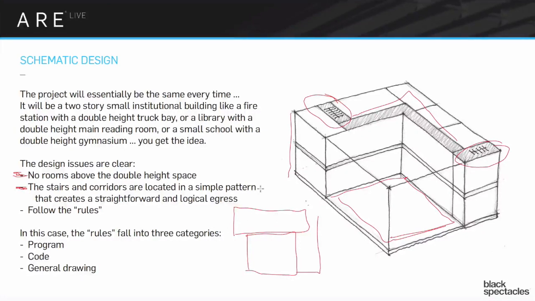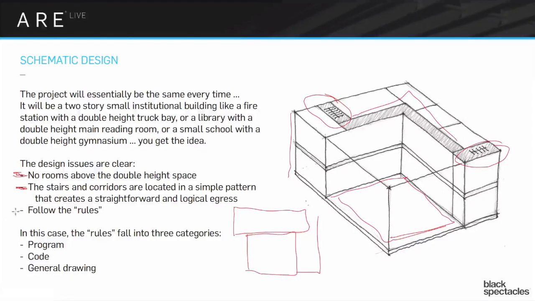So you are really only just making this thing logical and straightforward for two reasons. One is it's going to be easier to make sure you actually caught all the egress issues. And the other reason is the more simple and straightforward you make it, the easier it's going to be on you. The more complicated you make that corridor system, that circulation system, the harder it's going to be on you to fit everything in.